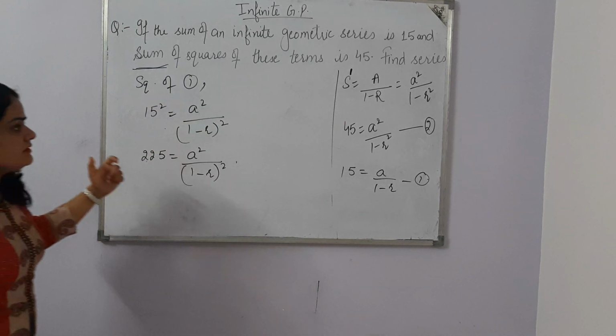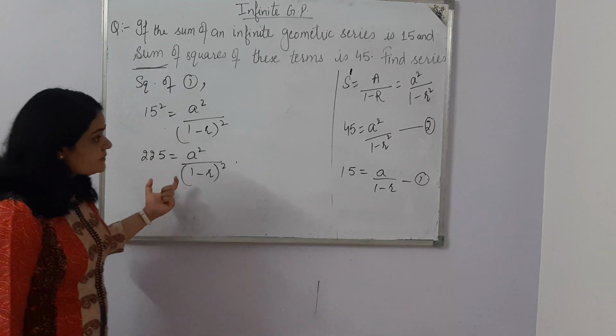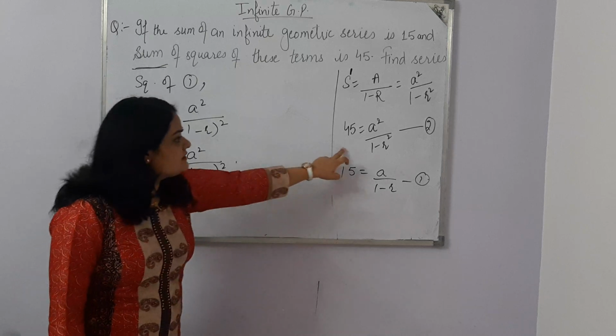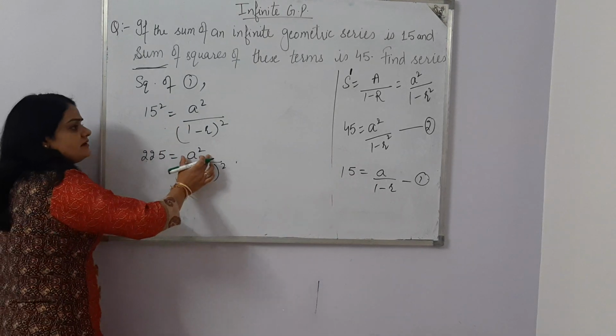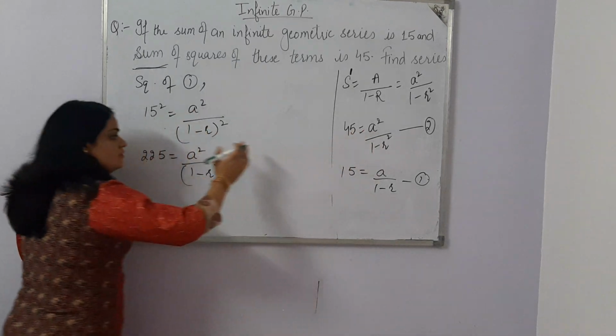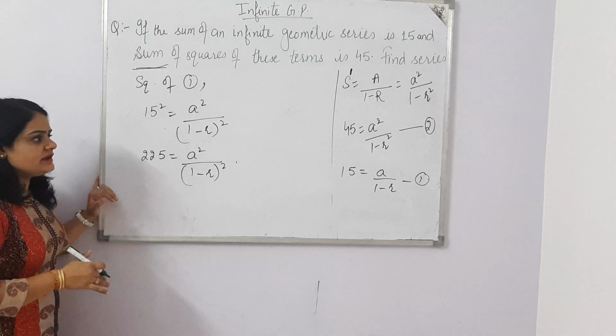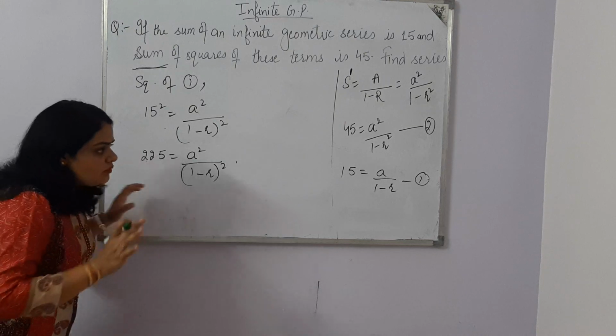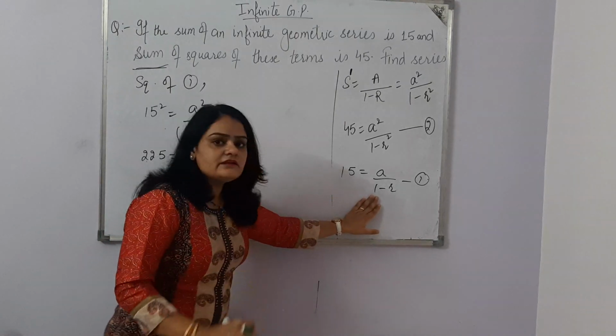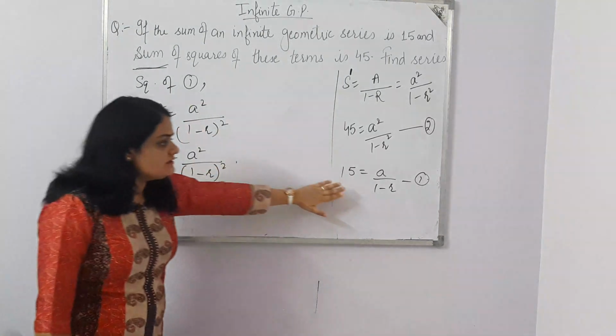Why? Because just compare this term and this term. Here we have a square, here we have a square. So after dividing, a square will cancel out with a square. Just because of this very thought, I have done the squaring here.